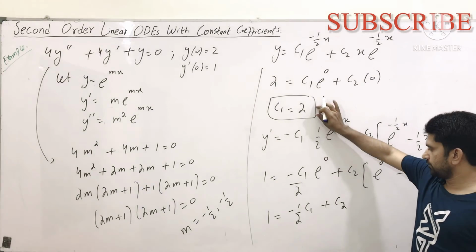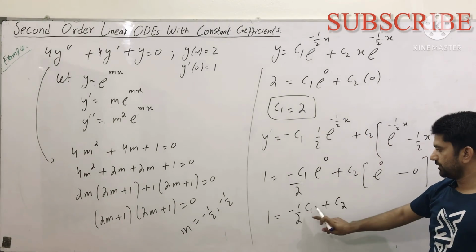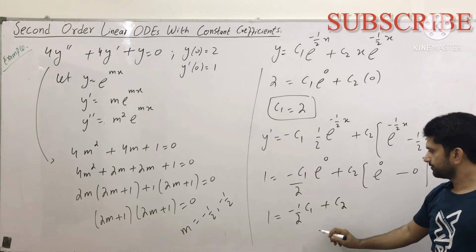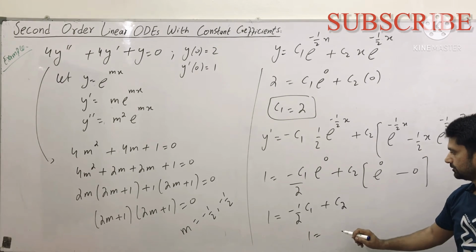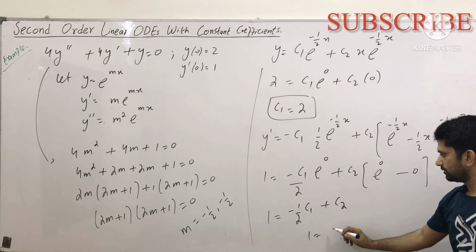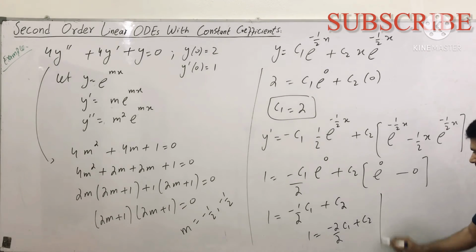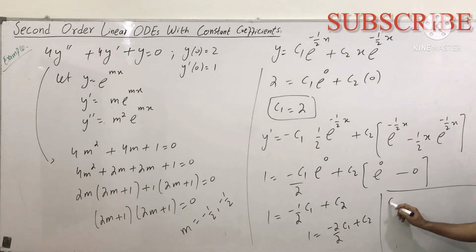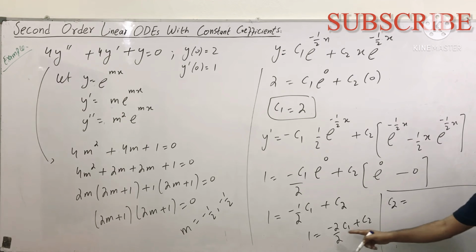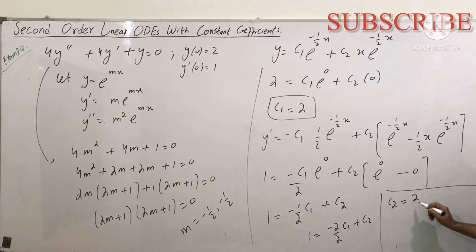So c1 is 2; if I put c1 = 2 here, then 1 = -2/2 + c2, so c2 will become -1, it goes to the left, then c2 will become 2.